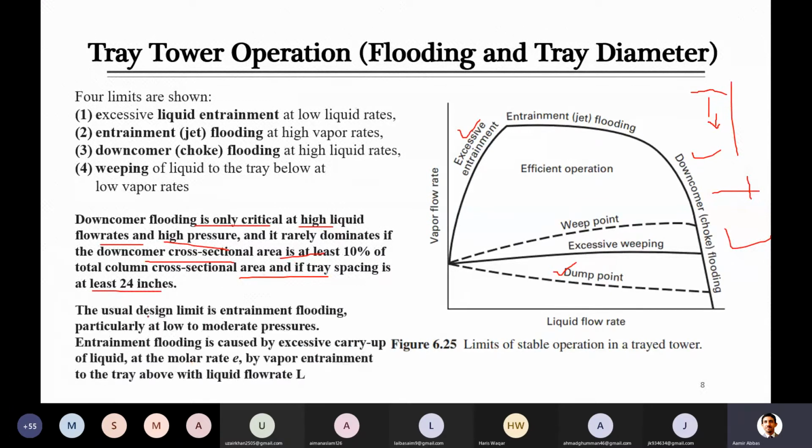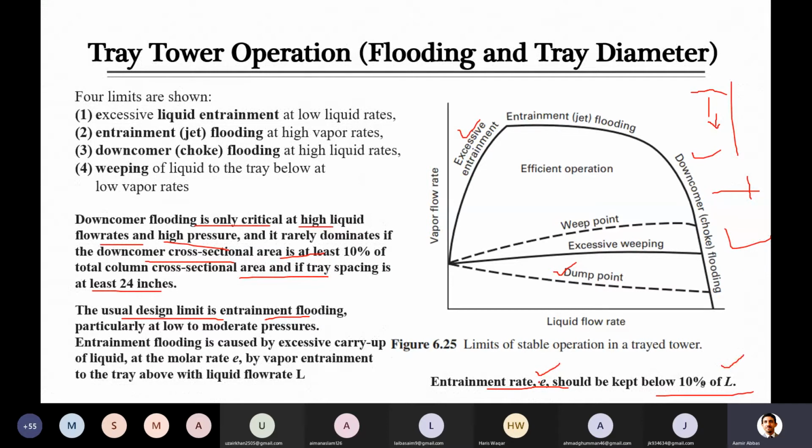So for usual design limits, to avoid this entrainment flooding, the rule is that your entrainment rate, if we represent it with E, should be kept below 10% of the liquid flow rate.